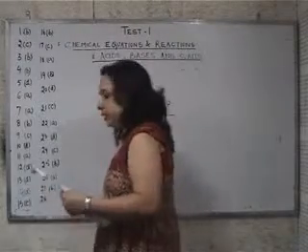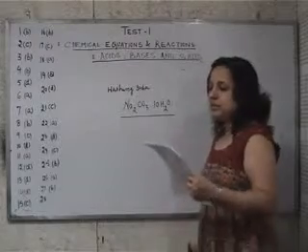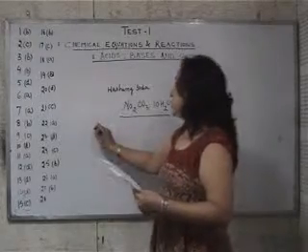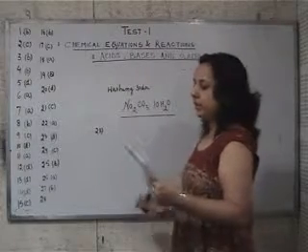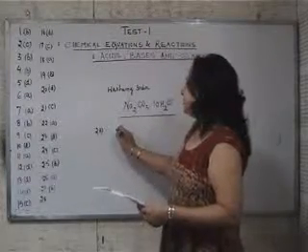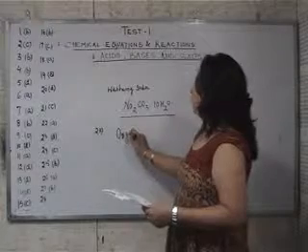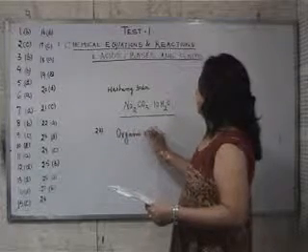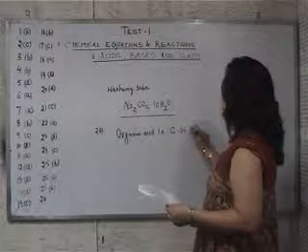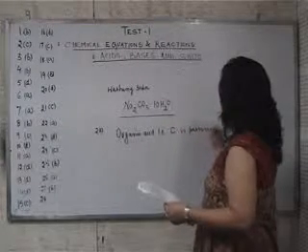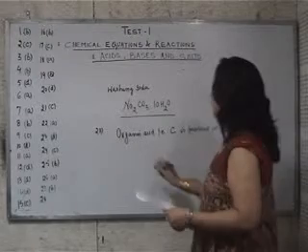28th question: which of these is an organic acid? Organic acid means carbon is present in it.